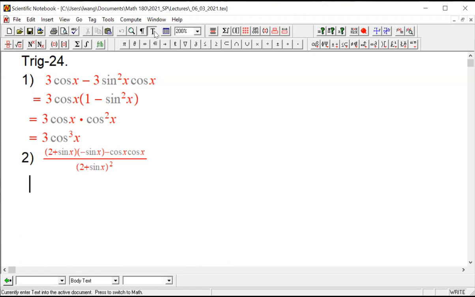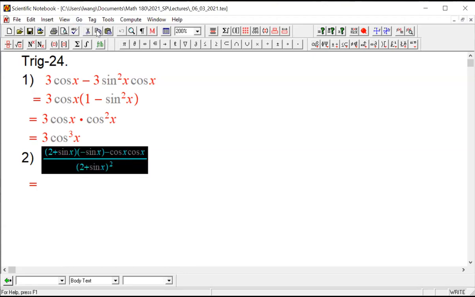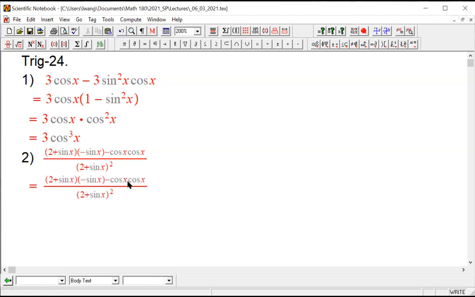Well, you want to, right? Cosine x times cosine x, that's cosine square x, right? On this piece, you're gonna distribute. So you're gonna have 2 times negative sine x, that's negative 2 sine x, right? And sine x times negative sine x, that's gonna be a minus sine square x, right?